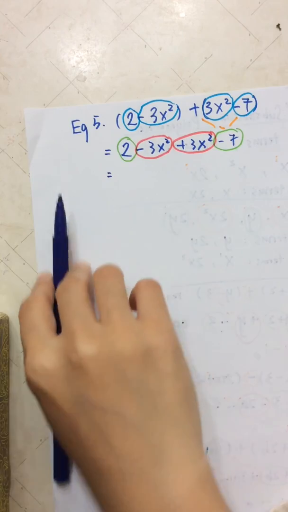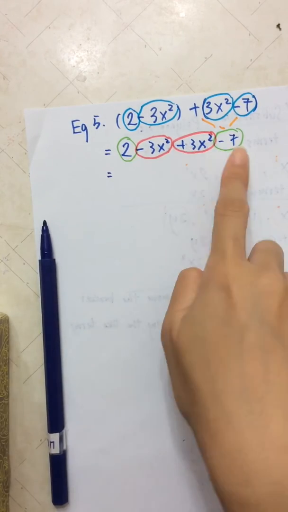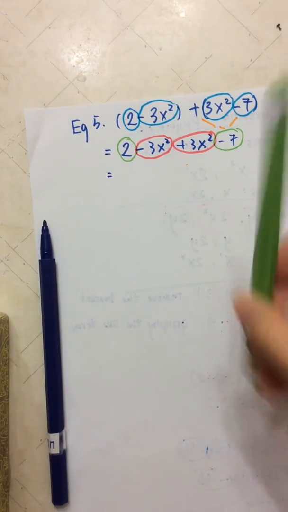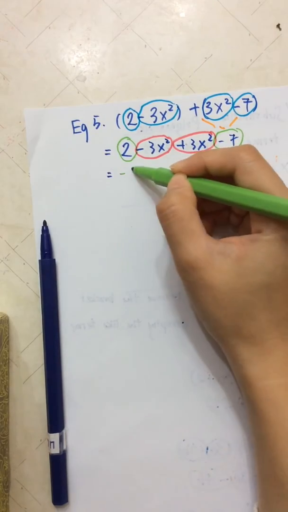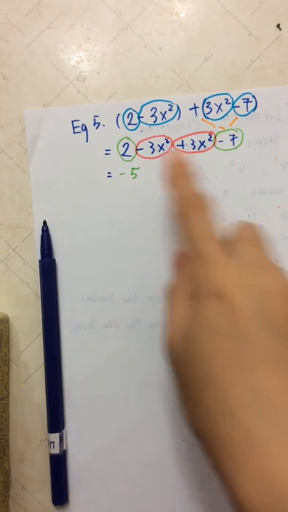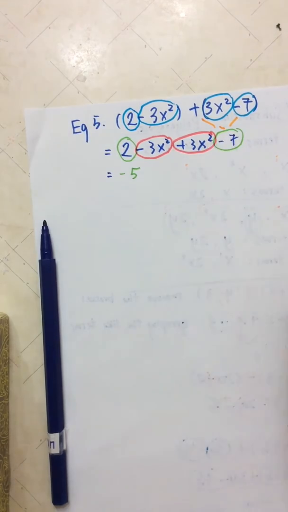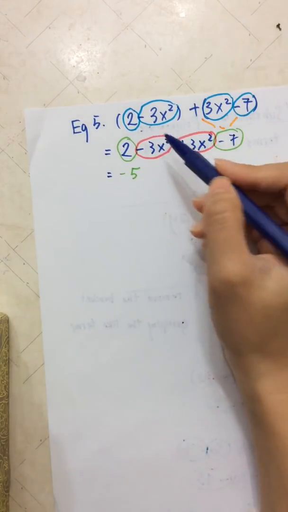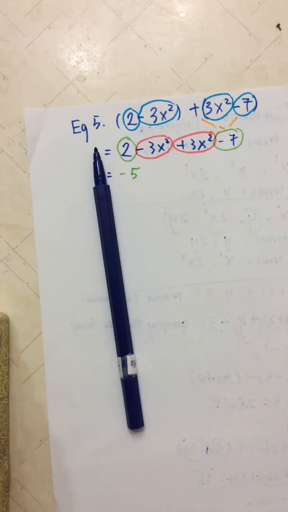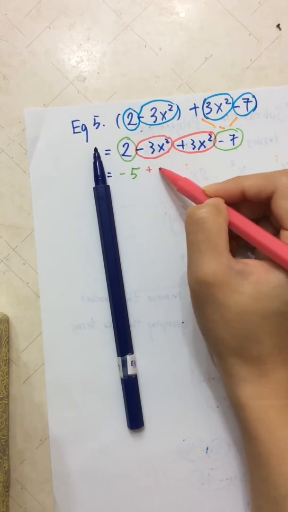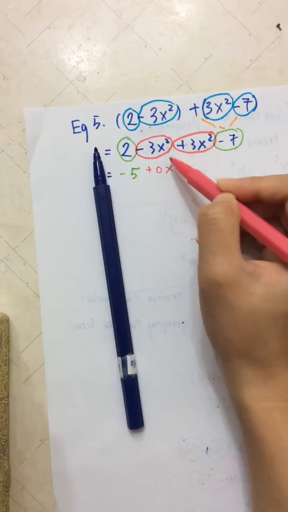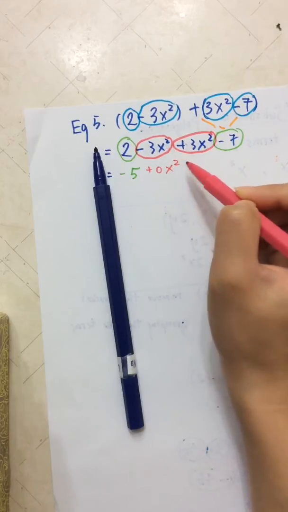For the final answer, you calculate it. 2 minus 7 becomes negative 5. And then negative 3x to the power 2 plus 3x to the power 2 becomes 0, so 0 times x to the power 2.